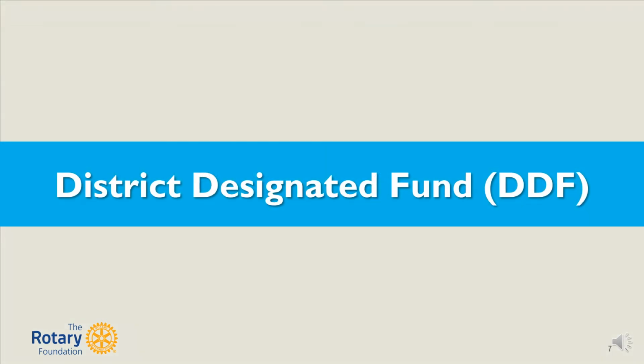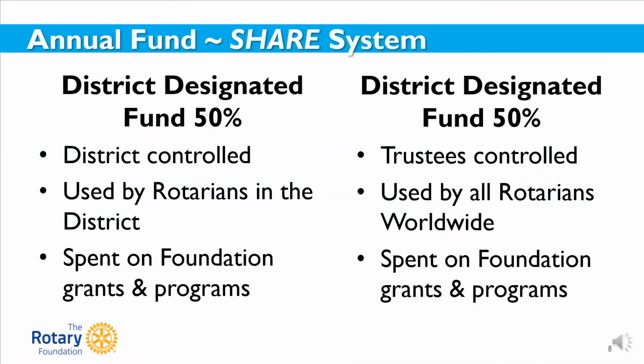Let's spend a few minutes talking about District Designated Funds, or DDF. When you contribute to the annual fund, 50% of your gift comes directly back to the district. Say you make a gift of $500 to the annual fund. For 3 years, your contribution is invested.